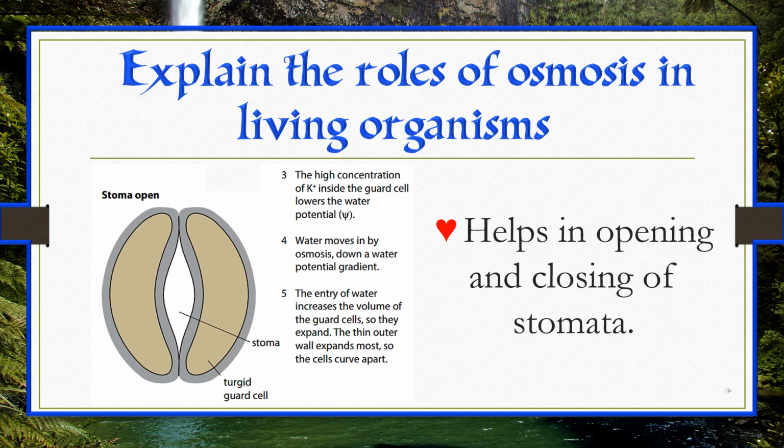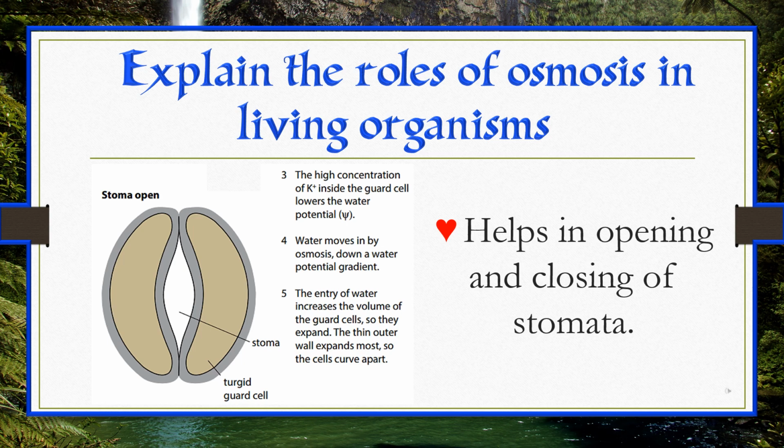High concentration of potassium inside the guard cell is going to lower the water potential in the guard cell. And because of this, water is going to move into the guard cell by osmosis down the water potential gradient.